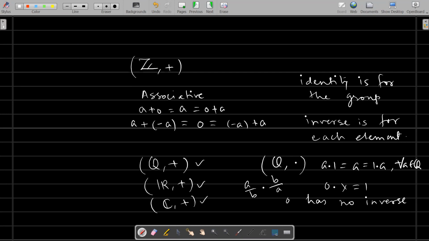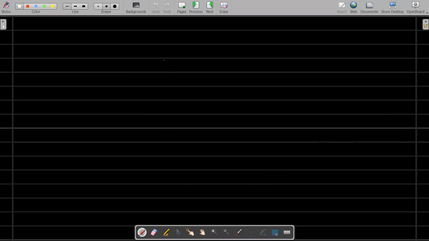So the idea is those elements which do not have an inverse, simply throw away those elements, and the rest of the part makes it a group. So for example, Q star, and what do we mean by Q star? Q minus 0, so throw away 0, is a group under multiplication.